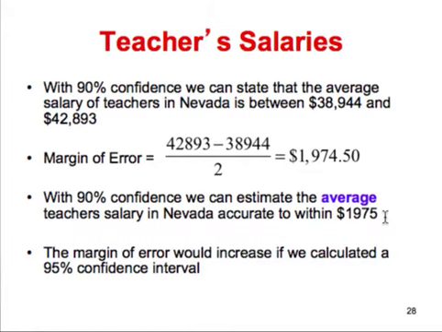To increase our confidence level to 95%, the price we would have to pay is that the margin of error would be larger, and the confidence interval would be larger and less precise.